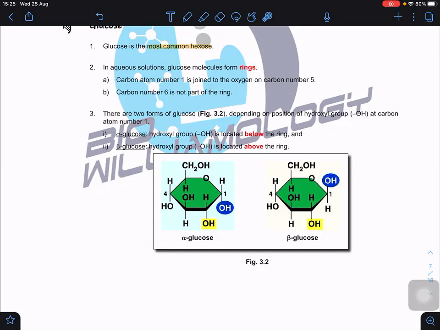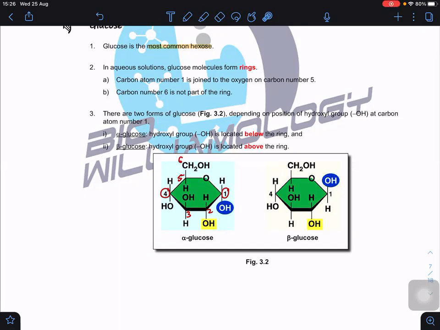If you look at this, this is carbon number 1, carbon 2, carbon 3, carbon 4, carbon 5, carbon 6. Can you see that's outside of the ring? Same goes for the right-hand side one: number 1, 2, 3, 4, 5, carbon number 6, outside of the ring.